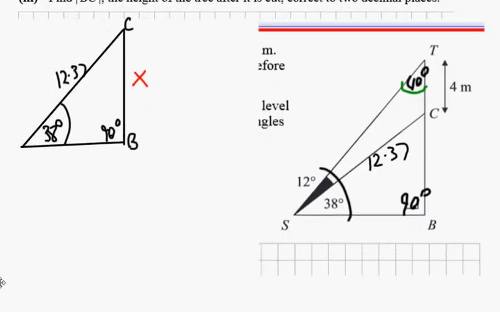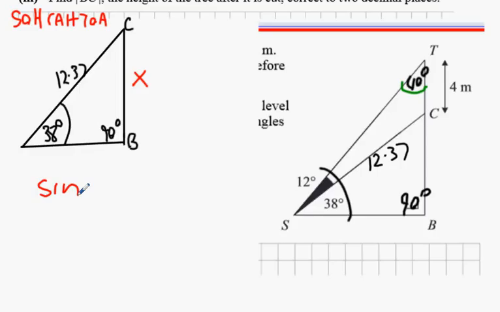Now, what side is X? X is the opposite. 12.37? Hypotenuse. If you're using the opposite and the hypotenuse, which function are you going to choose? Sine. Okay, sine. Sine what, Declan?